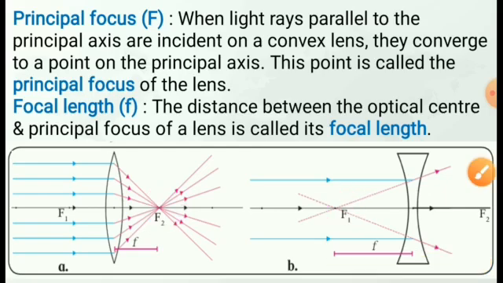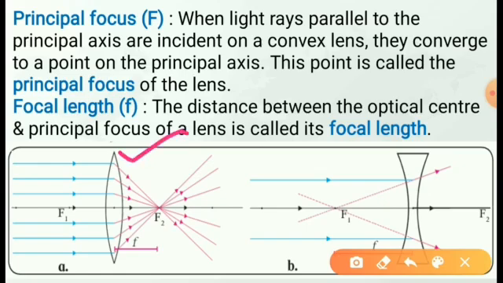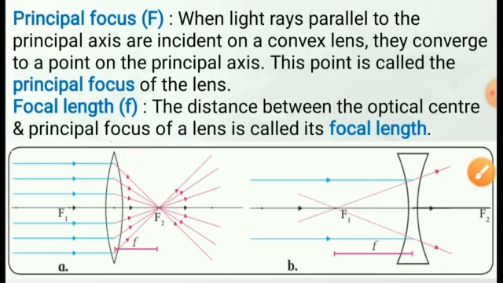When light rays parallel to the principal axis falling on a convex lens come together, that is, get focused at a point on the principal axis, this type of lens is called a converging lens.